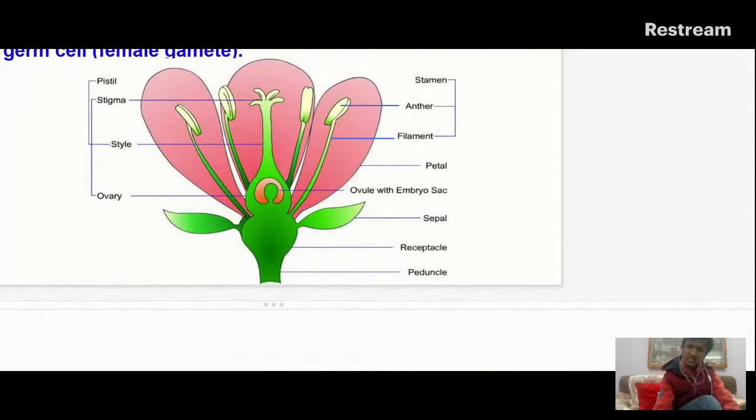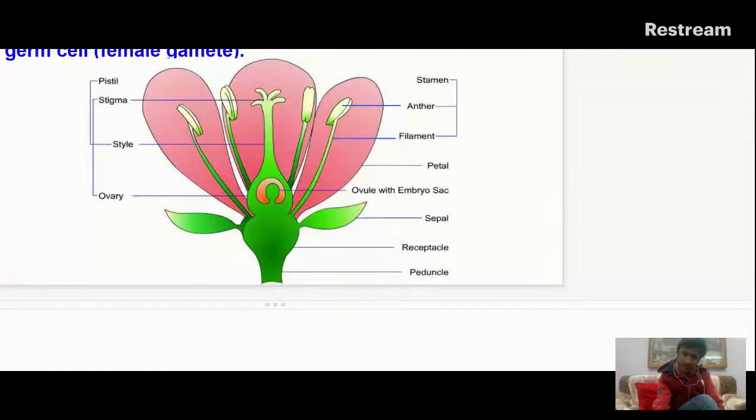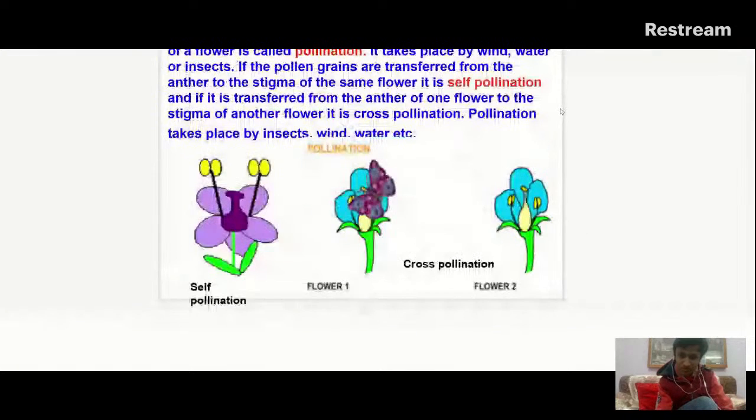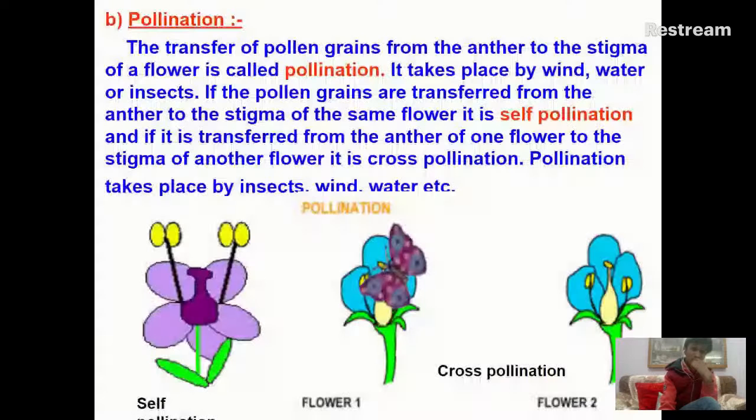Yes, as you can see here, that pistil. I will show you afterwards.